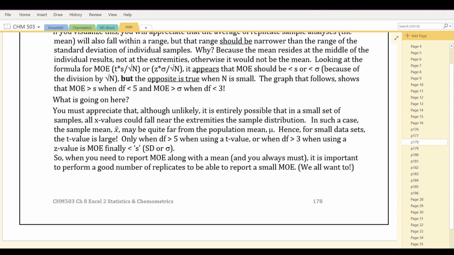My boss is going to send me home. I have to be able to say 17 plus or minus 1, or 17.1 plus or minus 0.1. And in order to do that, I need one or both of two things. I need more replicates, and I need really high precision on the samples that I do take. And of course that means more work, but that's what I get paid for, right? That's the way it is.